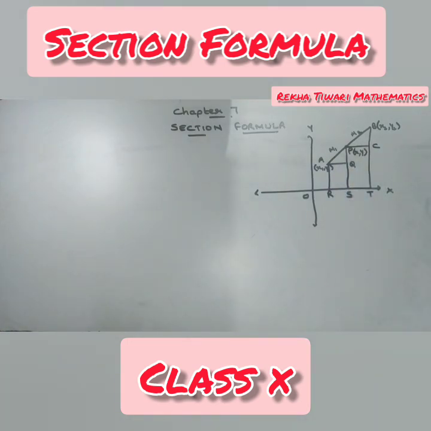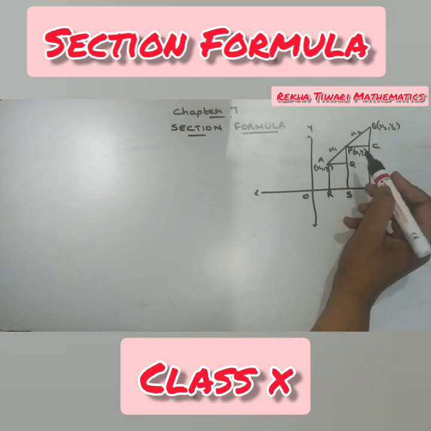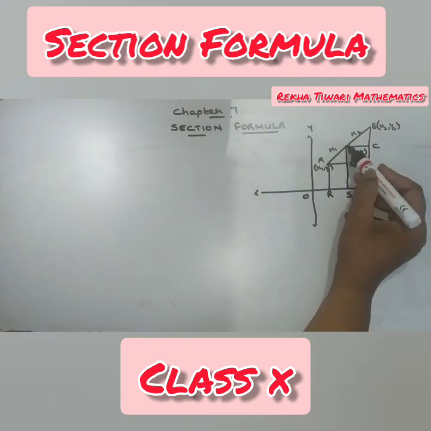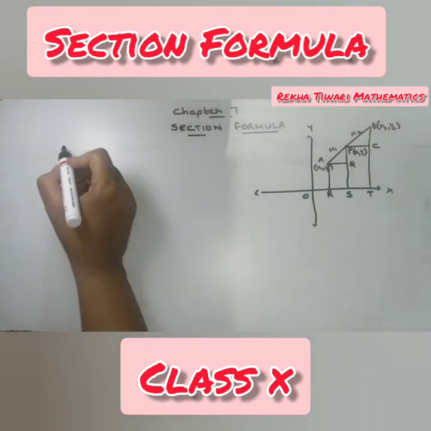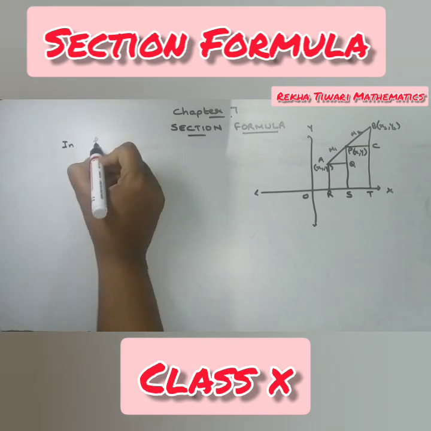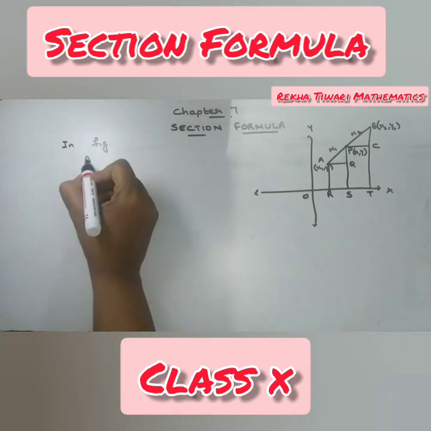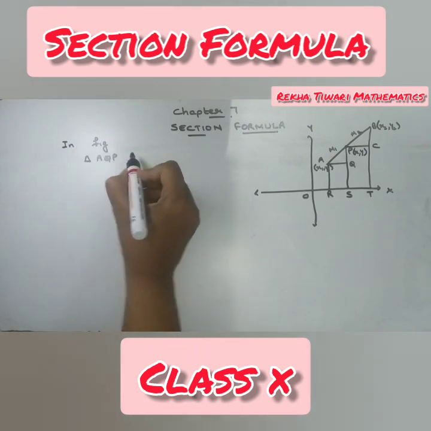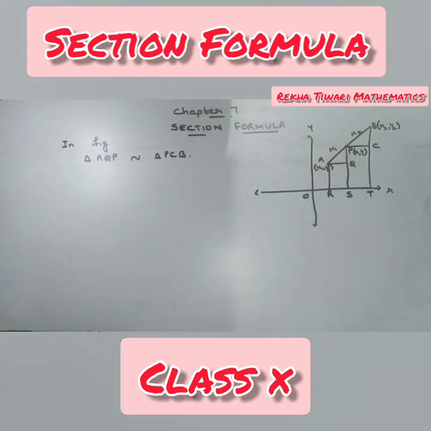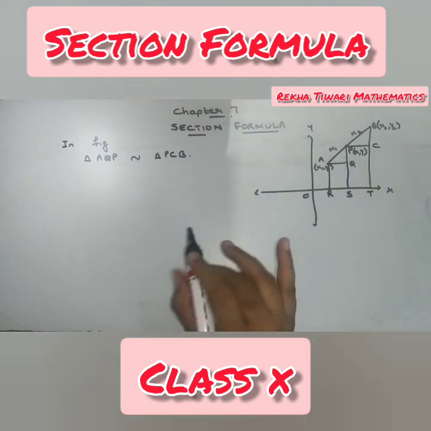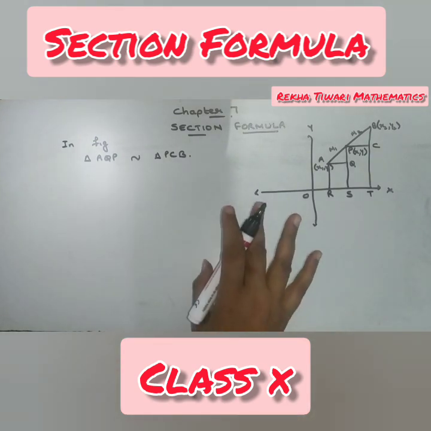Now see in this figure, AQP and PCB are both right angle triangles and they are similar to each other. So in the figure, triangle AQP is similar to triangle PCB, and if triangles are similar, the sides of the triangles are in equal ratio.